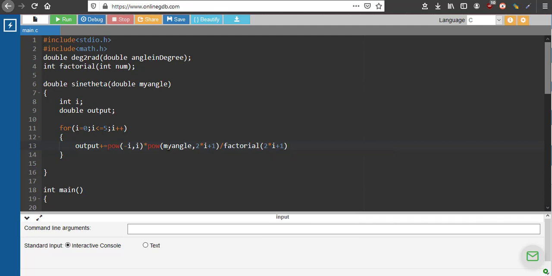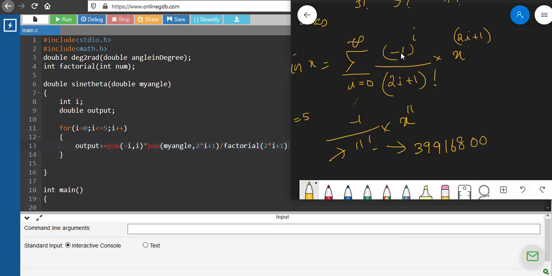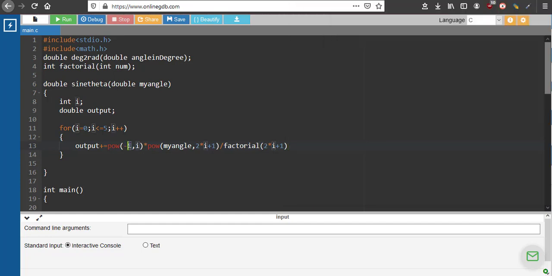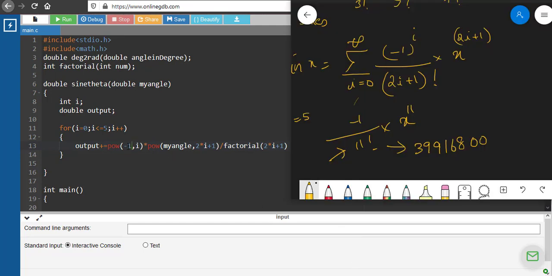So this is what I have written, nothing but this expression. Power of minus 1, comma i is this term. Power of my angle, comma 2i plus 1 is this term.